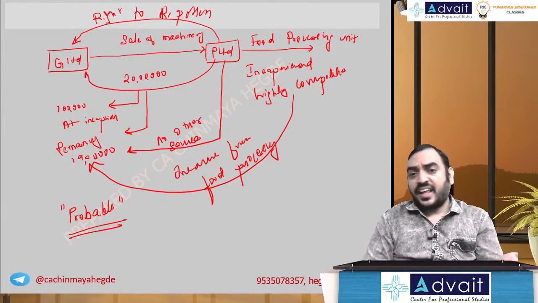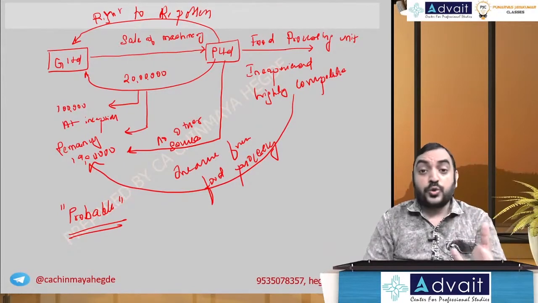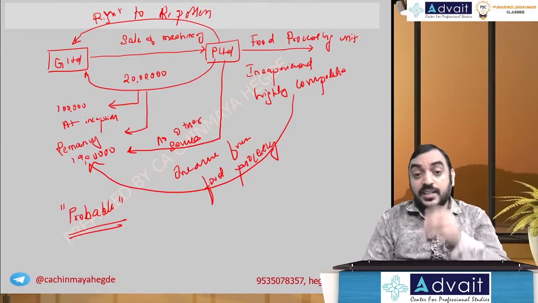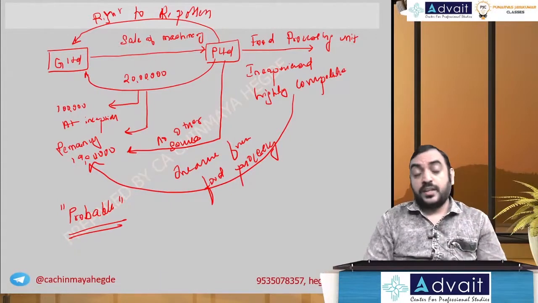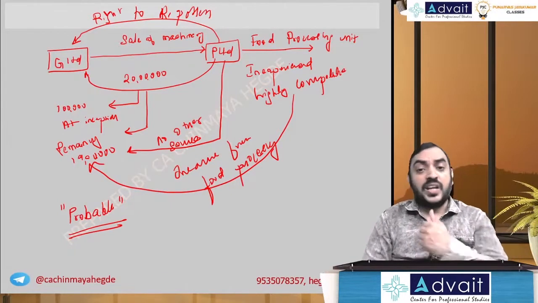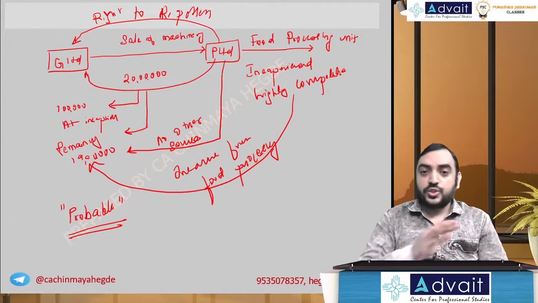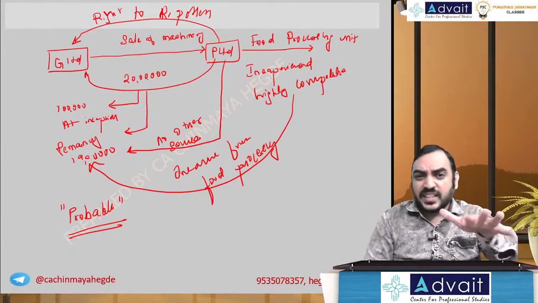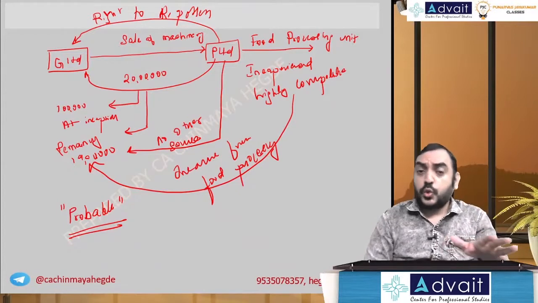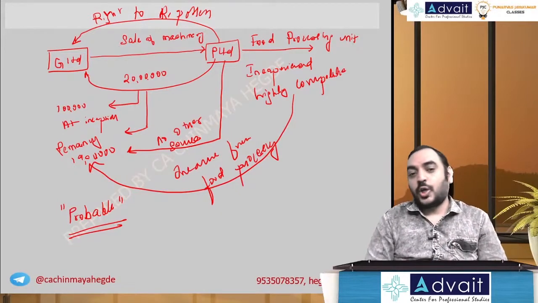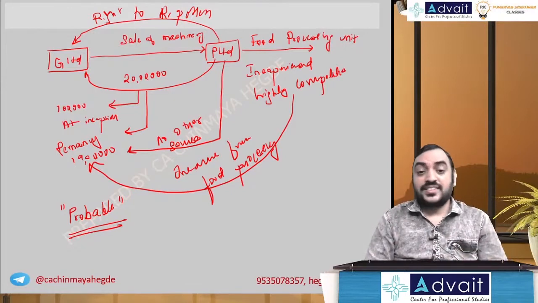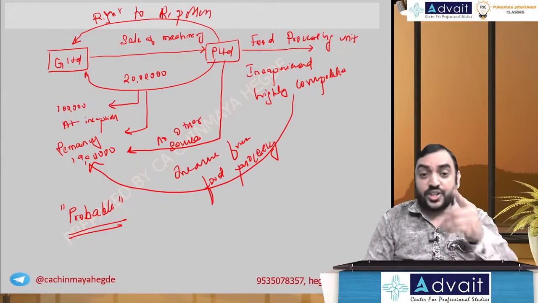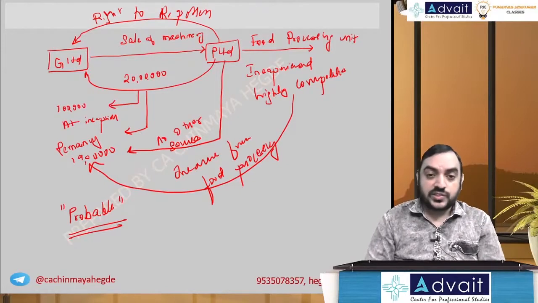P Limited does not have any other source of income. They should use the machinery, produce the products, sell it, get the money, then they will pay it to you. Moreover, they are inexperienced, newly entered, in a highly competitive business. So looking at these facts of the case, it is reasonable to conclude that the receipt is not probable. When receipt is not probable, revenue should not be recognized. Whatever amount received should be taken as advance.